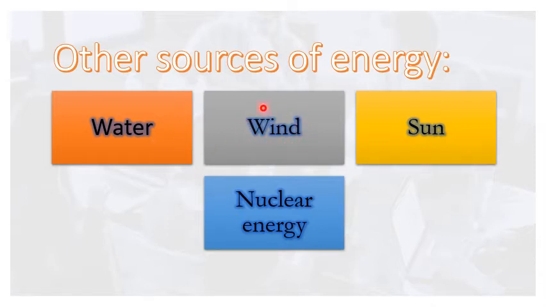Sun gives us heat and light. Nuclear energy is a form of energy which is created by nuclear fuel. Now we will learn about them one by one, and see how water, wind, sun, and nuclear fuels are responsible for creating energy and how they do it.